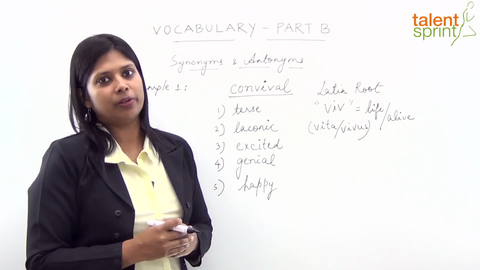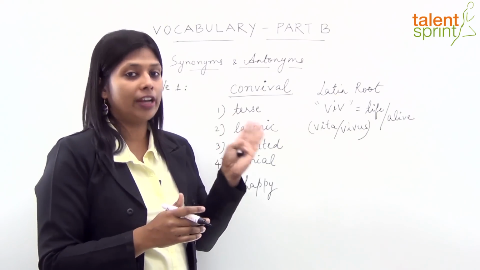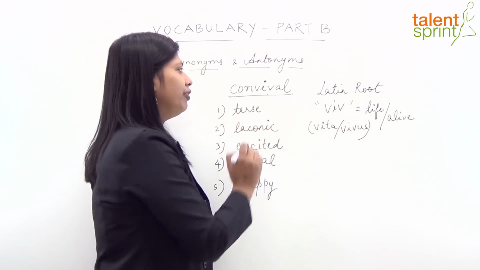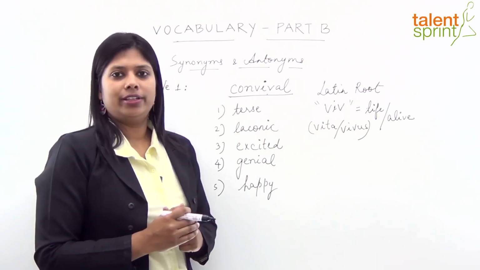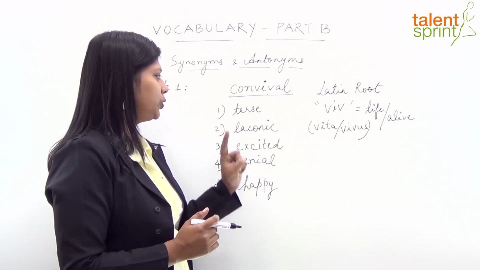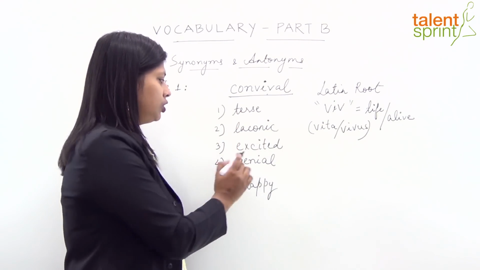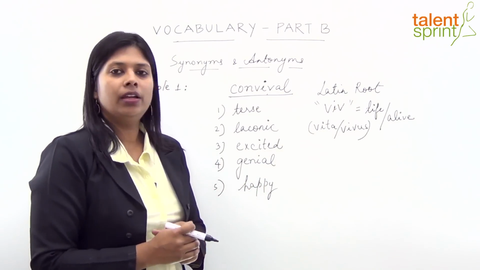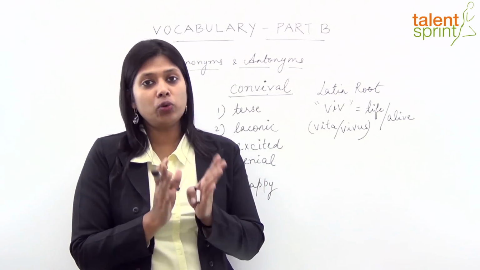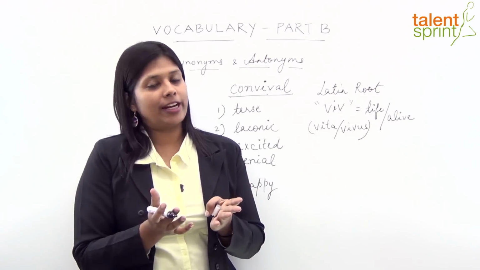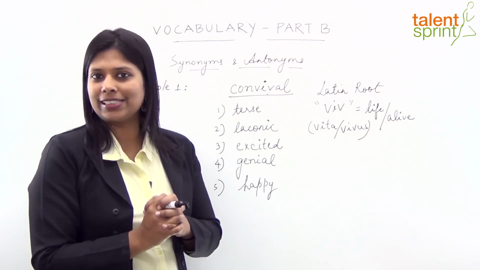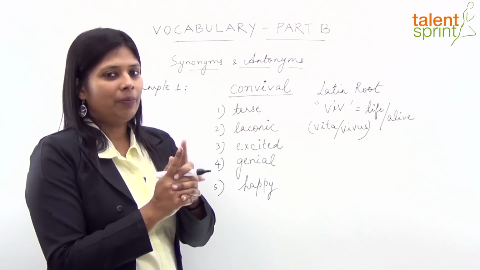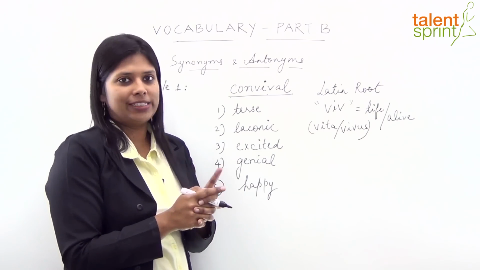Let's use the root word approach to find the meaning of another word, which is convivial. Now convivial, there are 5 options here: terse, laconic, excited, genial and happy. So if you're aware of the root word, and if you've practiced enough of root words, you'll be very easily able to figure out the meaning and the root word here.